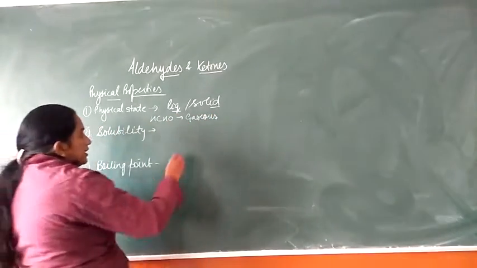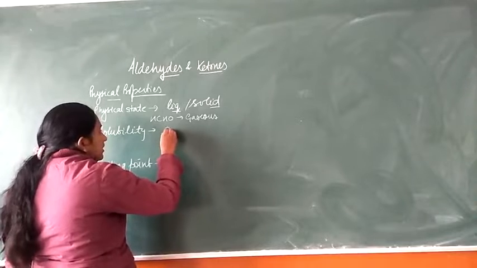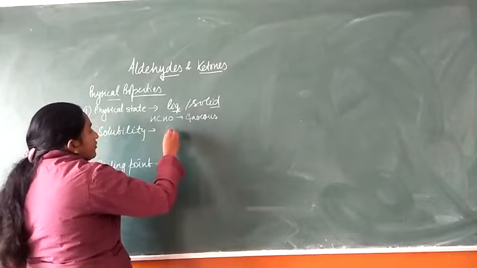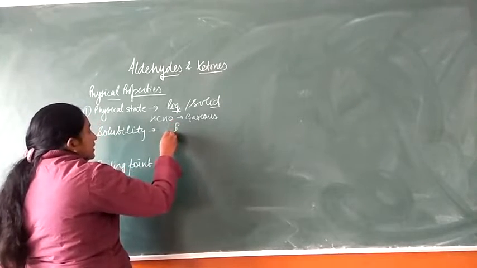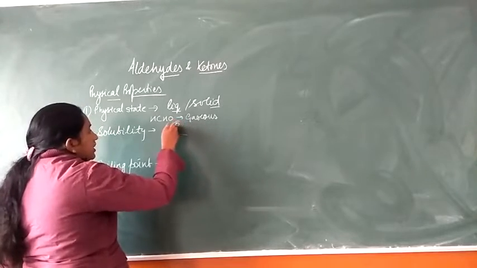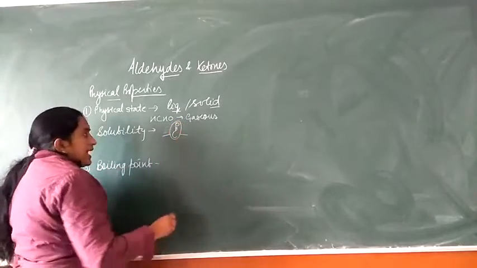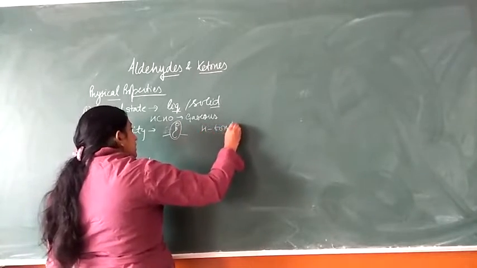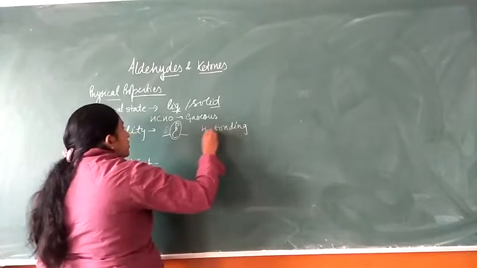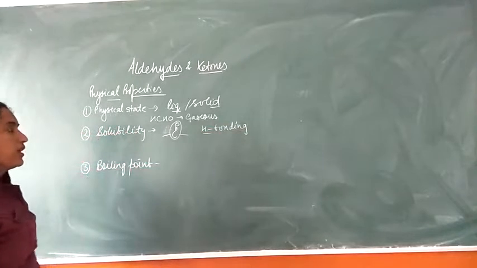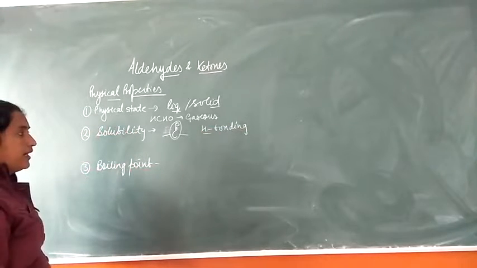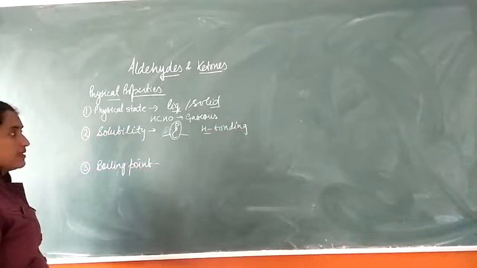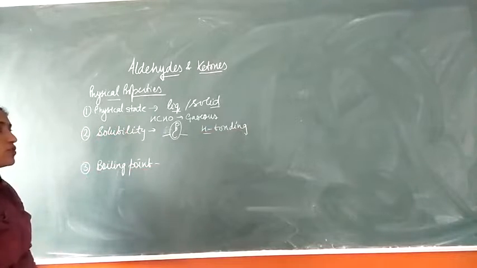Now come to the solubility. Students, you know that ketones and aldehydes have a carbonyl group attached to them, right? The carbonyl group is polar in nature and forms hydrogen bonds. It undergoes intermolecular hydrogen bonding with water, right? Though the intensity will be less, it undergoes hydrogen bonding.